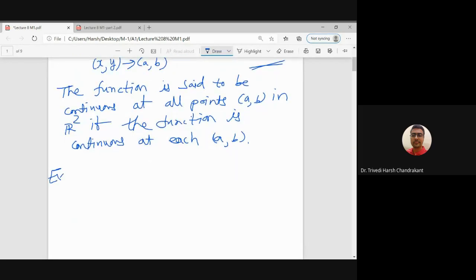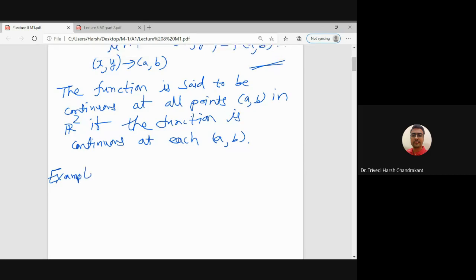So let us start with an example. More or less this example we discussed in the last lecture at the end.